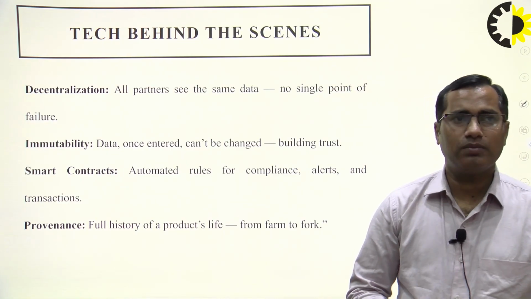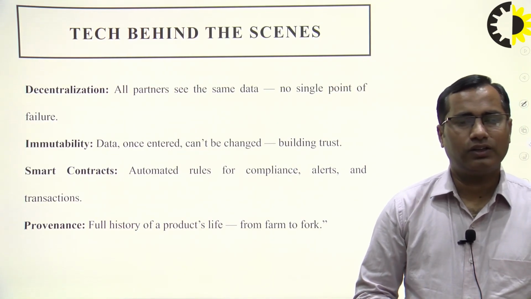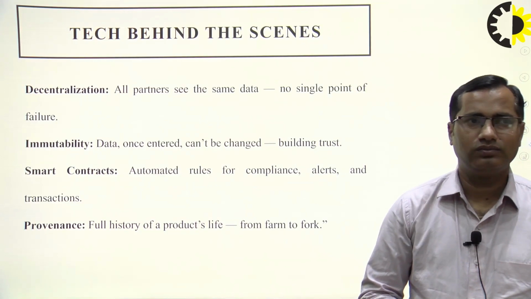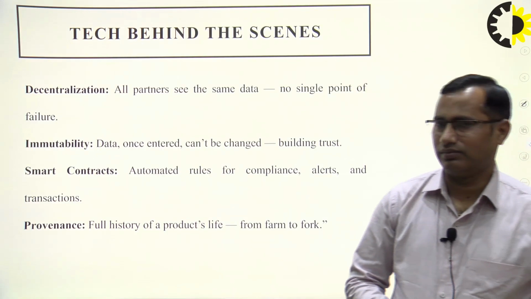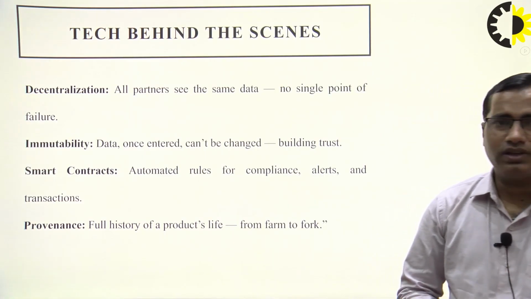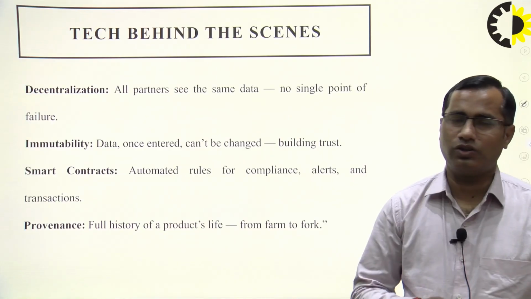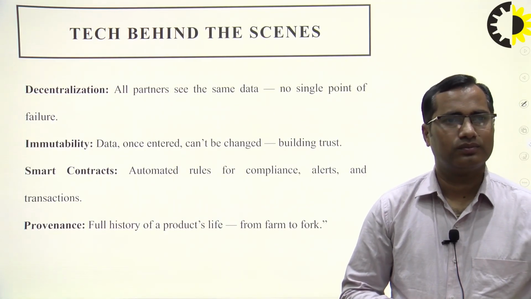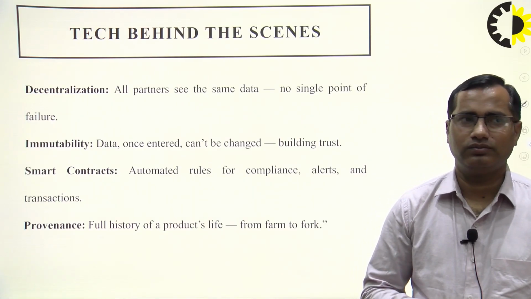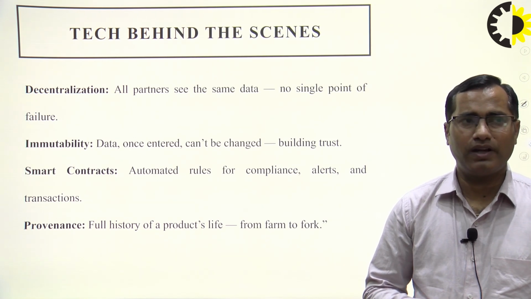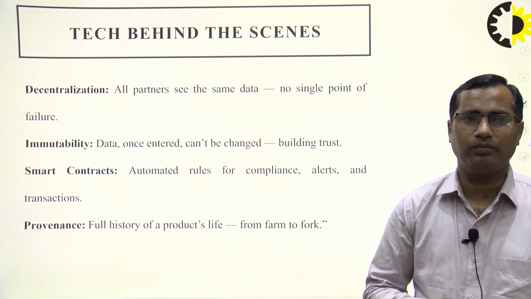But what is the technology behind the scenes? The technology working behind the scenes is decentralization. That means there is no central authority managing or controlling the whole data. There is no single point of failure. All partners, all the participants, see the same data at the same time.